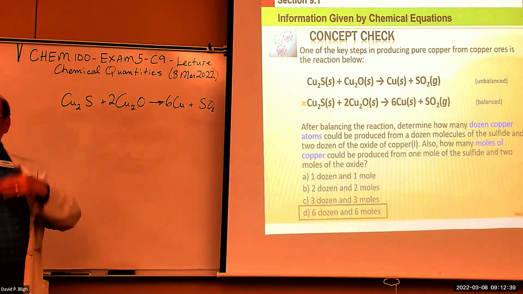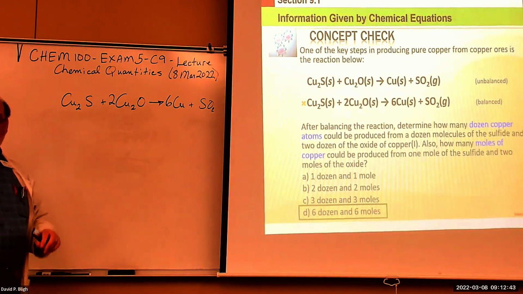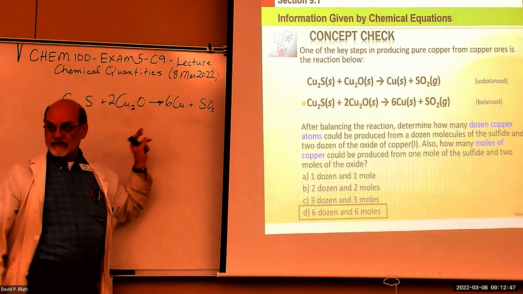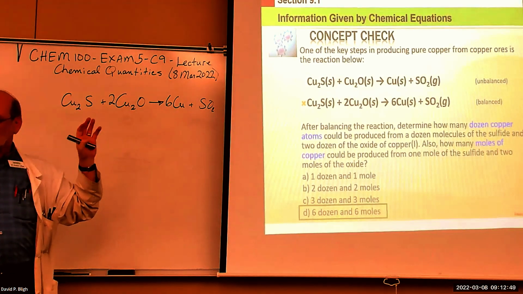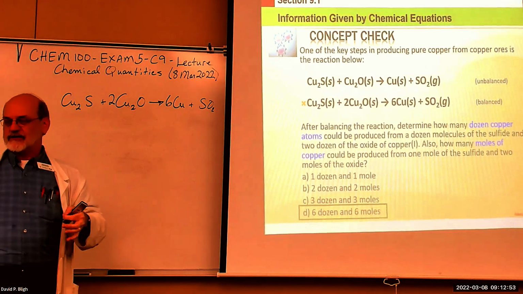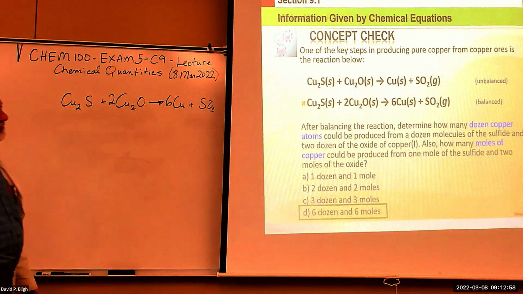The ratio is still the same. Okay? That's important when we start to move from one place to another in the equation, because we're going to be able to use this equation to generate conversion factors. I'll show you how that's done in just a minute.